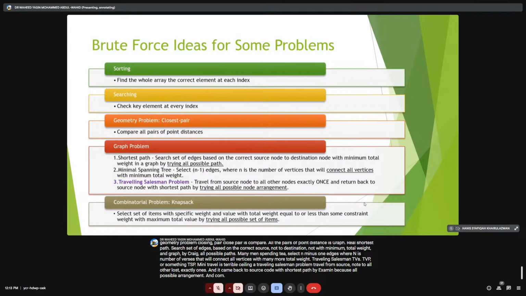And combinatorial problem, knapsack: select a set of items, each specified with weight and value, with total weight equal to or less than some constraint and with maximum total value, by trying all possible sets of items.